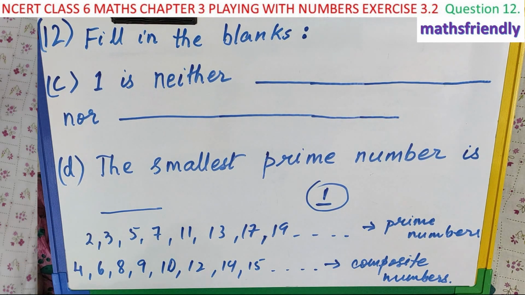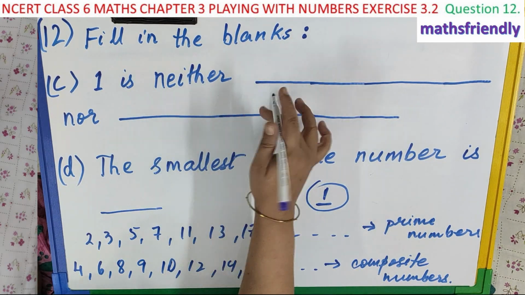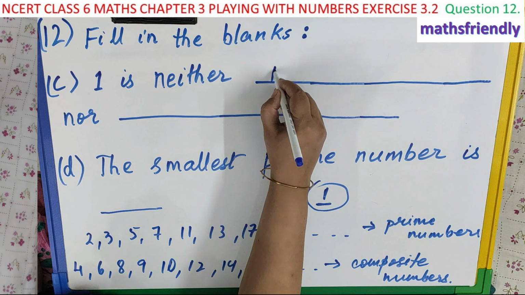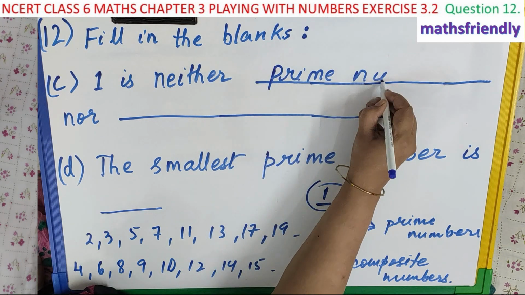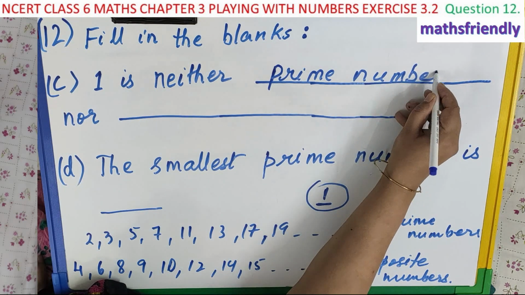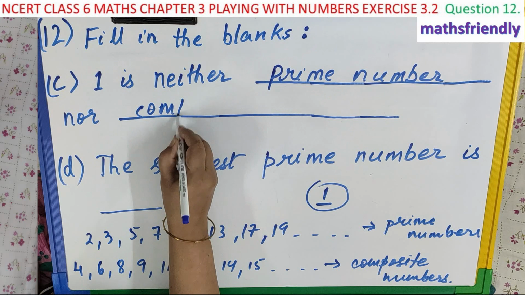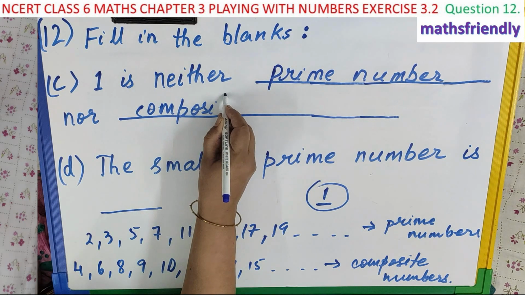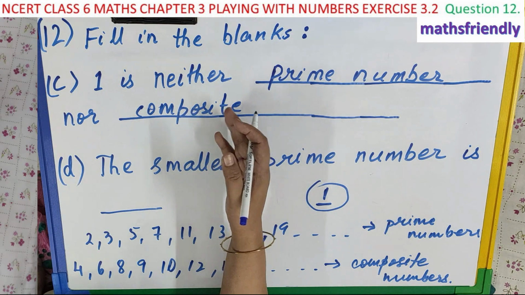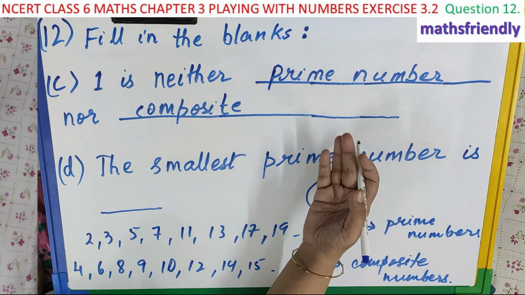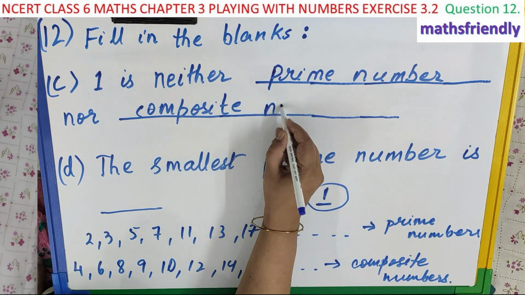So the answer we will write here first: 1 is neither a prime number nor a composite number. Means 1 is not a prime number, 1 is not a composite number. We say it like this: 1 is neither prime nor composite.